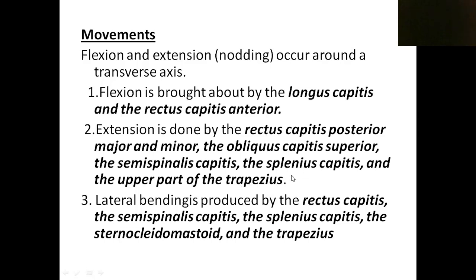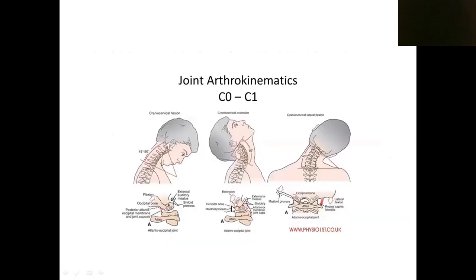Okay, no other way, you have to learn these names by heart. Then lateral bending. Lateral bending is by rectus capitis, then semispinalis capitis, splenius capitis, sternocleidomastoid, and trapezius muscle. So these are the muscles helping these movements.